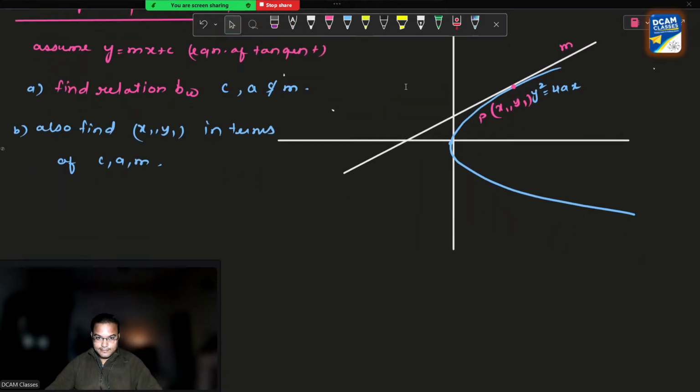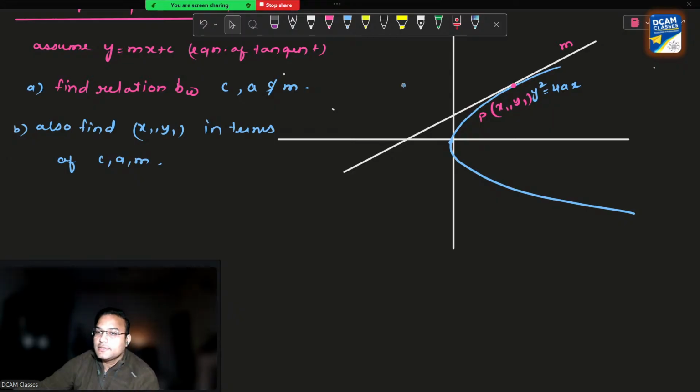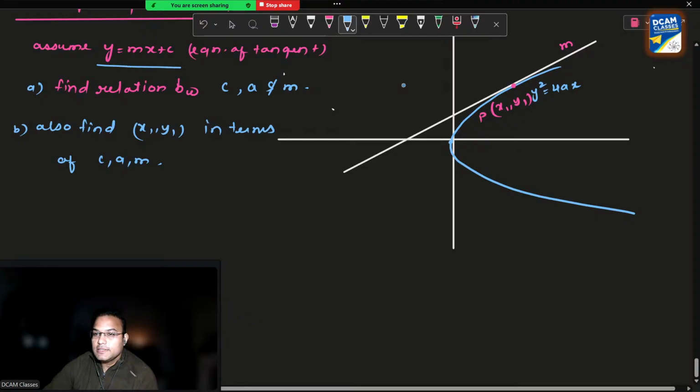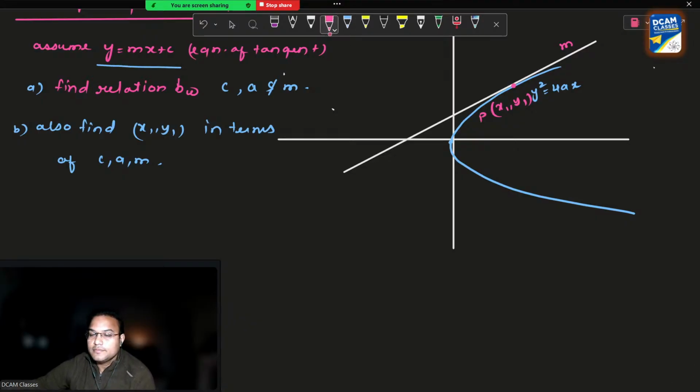Yes. See, it's not difficult. It's easy only. You are given y is equal to mx plus c is the equation of tangent. It's that you're not able to see how you'll get the relation. The equation of tangent to the parabola at x1 comma y1 is what? y y1 is equal to 2a into x plus x1. Okay, this we have learned already.